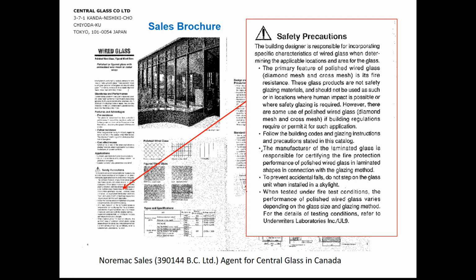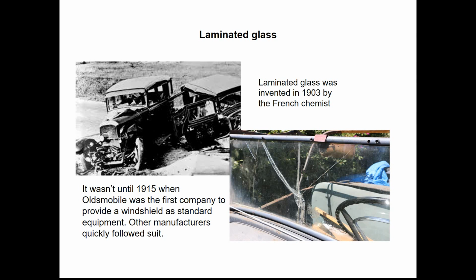The biggest thing to remember with wired glass is that it's not impact rated. So wherever you have an impact situation, you shouldn't have wired glass. I've got this slide here showing laminated glass in vehicles, and it wasn't until 1915 that they started putting laminated safety glass in vehicles.